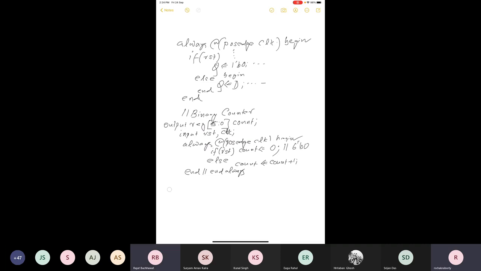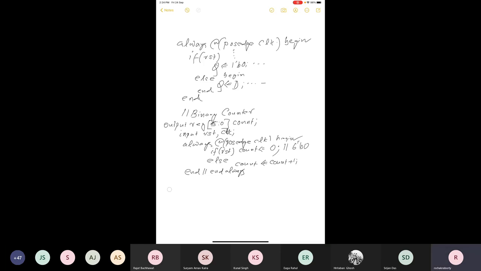What will happen here is that you will have the right hand side be a 32-bit quantity and the left hand side be something which can hold a maximum of 6 bits. So the compiler will take the 32-bit right hand side, truncate 26 bits and assign the LSB 6 bits to the left hand side.